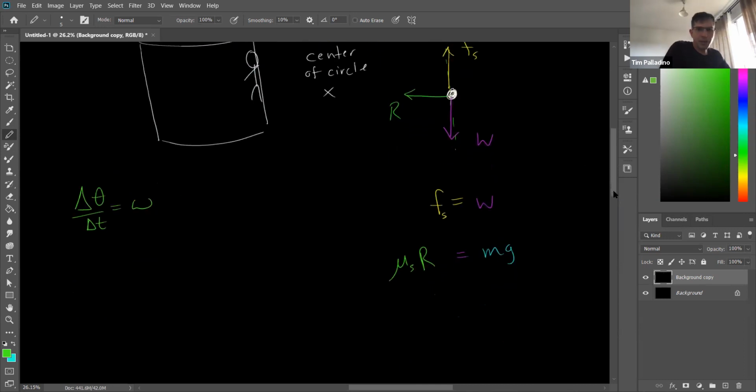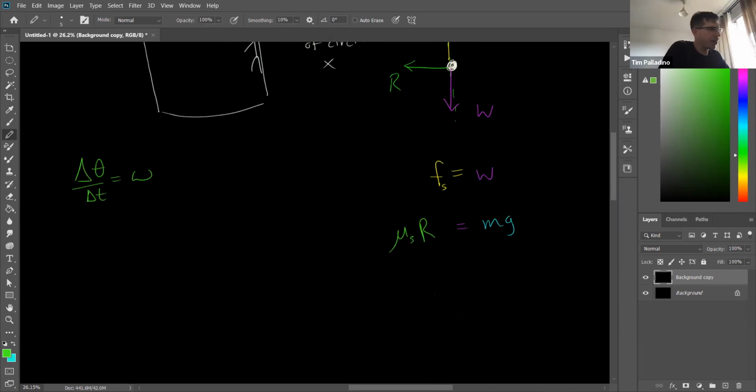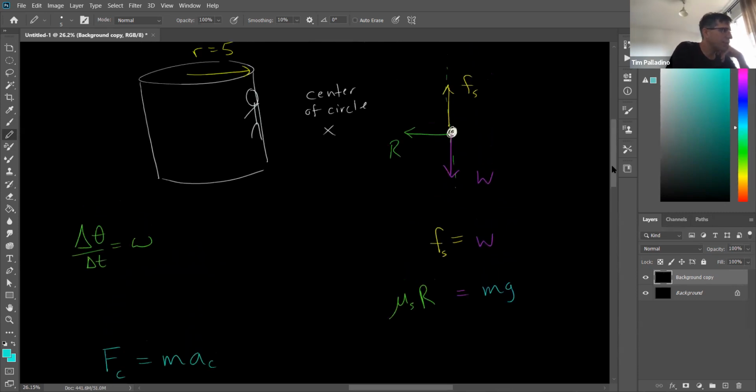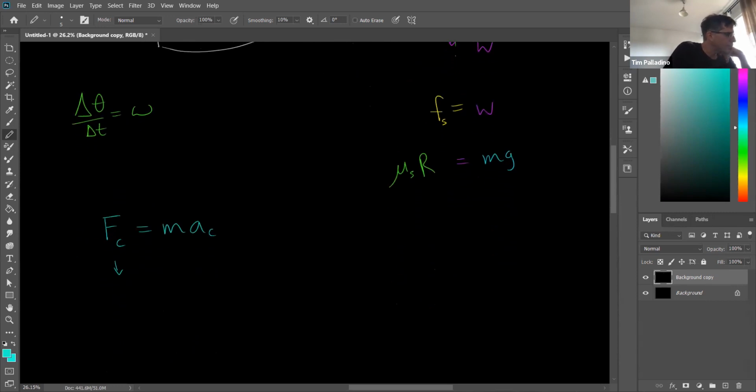So I'm going to write over here something parallel to this set of equations. Remember what Newton's second law says. The centripetal force is equal to the mass times the centripetal acceleration. The centripetal force, the force acting towards the center of the circle, in this case is just going to be the normal force, this R force.